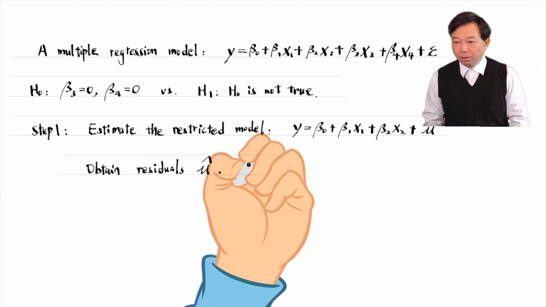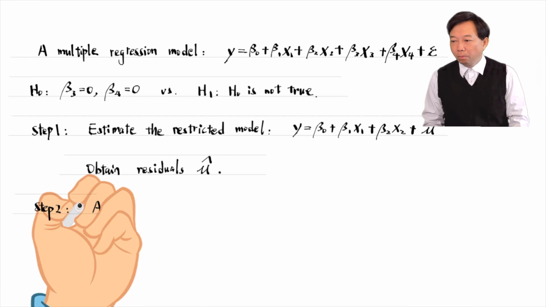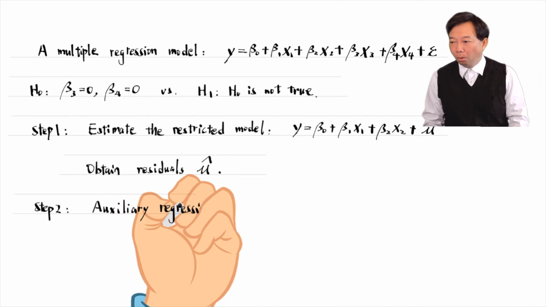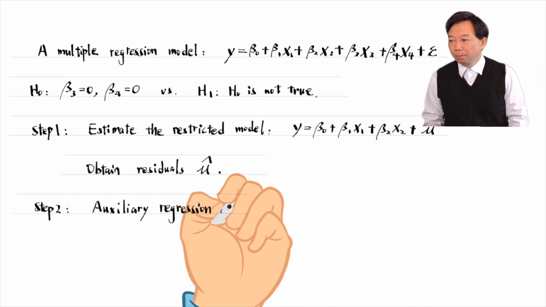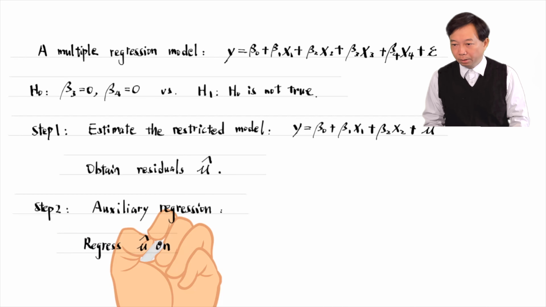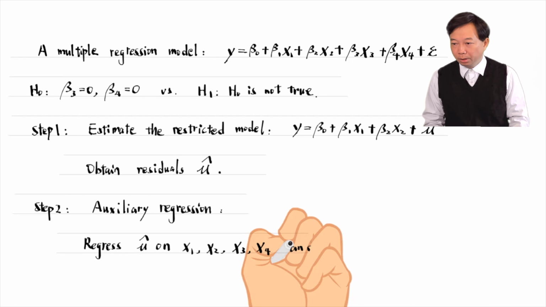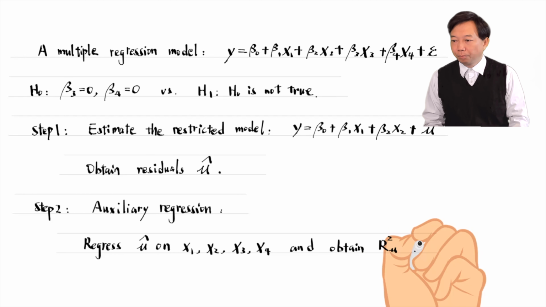In the second regression, we regress the variable mu hat on all explanatory variables, including both included variables and excluded variables. This regression is called the auxiliary regression. We obtain the auxiliary R² from this regression.